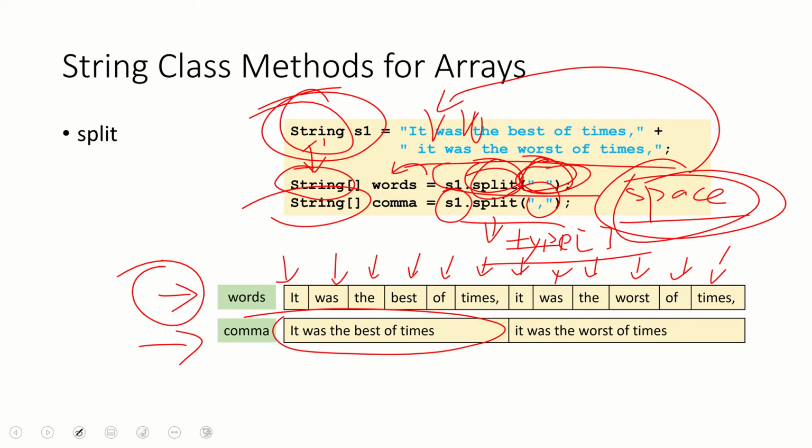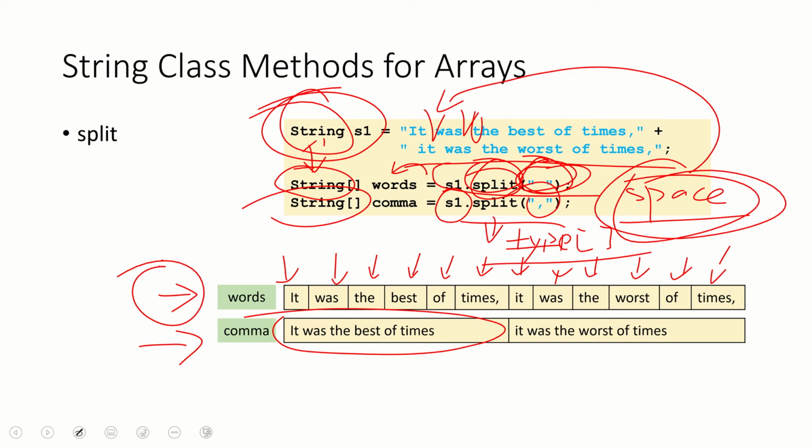So two things you have to be careful about. One is the token: what token you want to choose to separate different words into different array elements. Another is the return type: this method will return an array, not a boolean or a string.